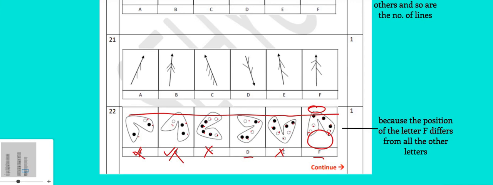If we put the pen through it, notice the space left through all the letters and the space for F. So the position of the figure in F is different from that of the others, therefore making F our correct option here.